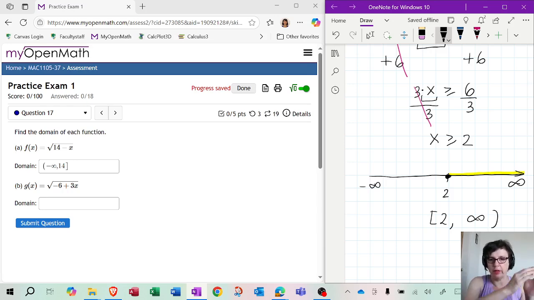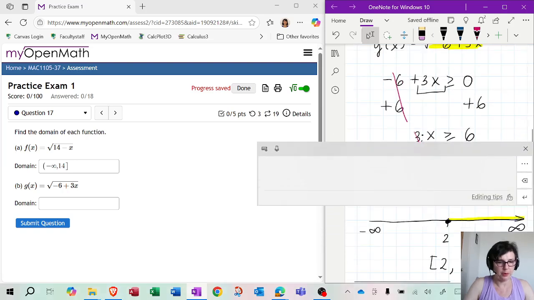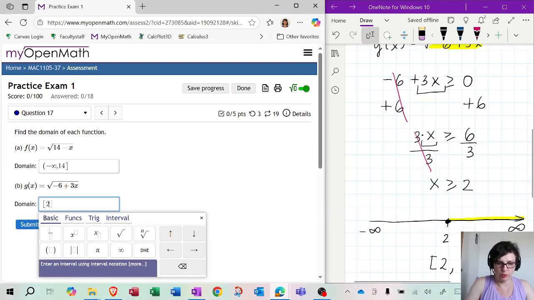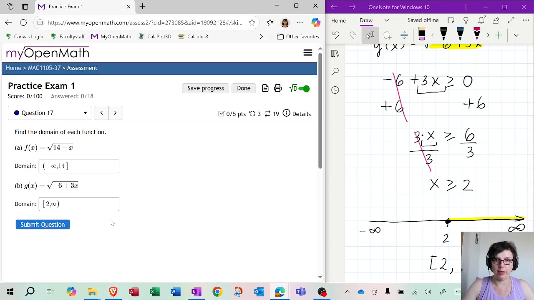Always start from left to right. So this particular answer would be 2, comma, and then infinity, which you can just choose from the toolbar. And make sure that anytime you have infinity, it is always parentheses, never square brackets. Whether it's negative infinity or positive infinity, it doesn't matter. You cannot ever reach infinity. It's too far away.